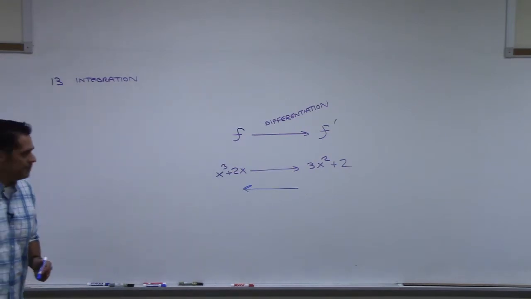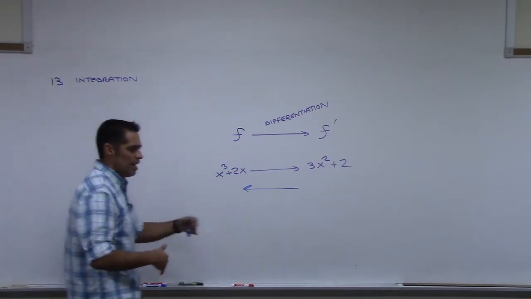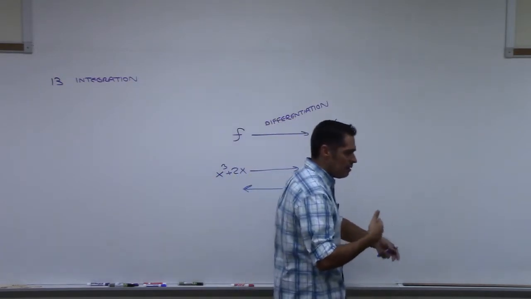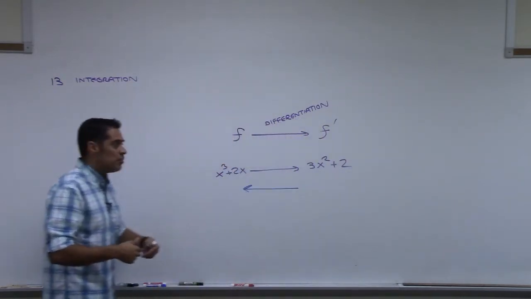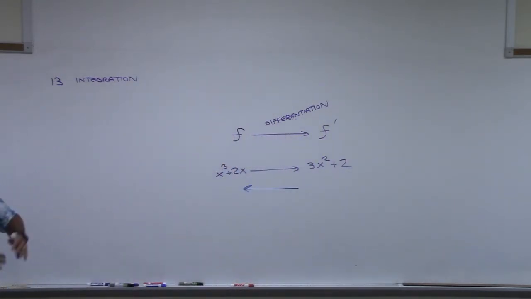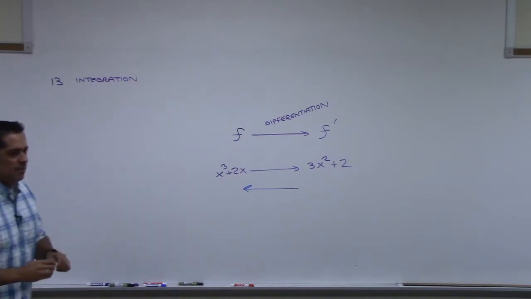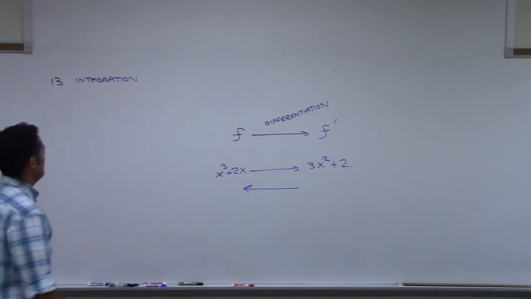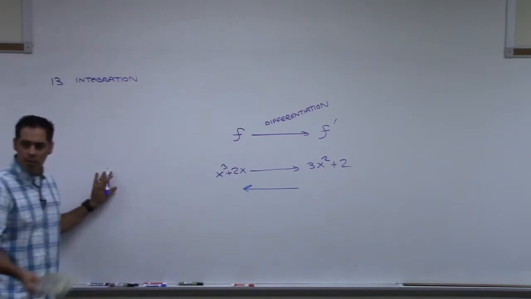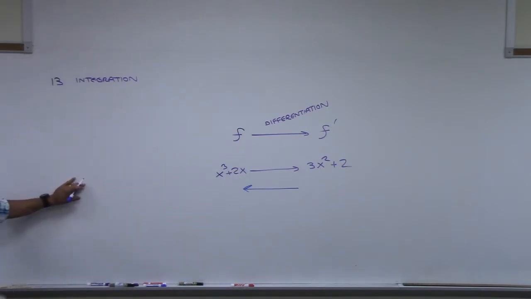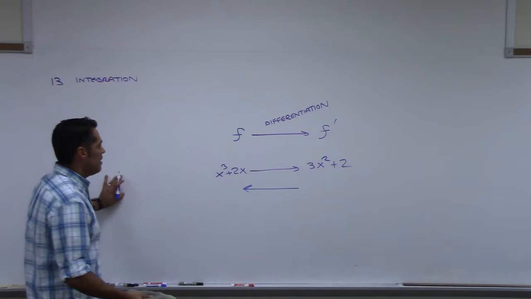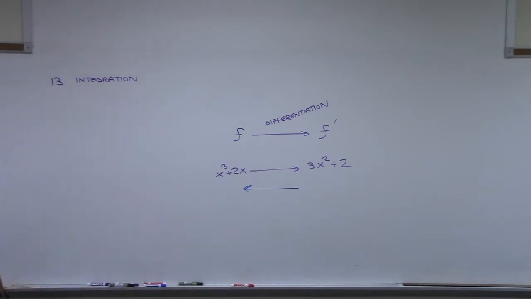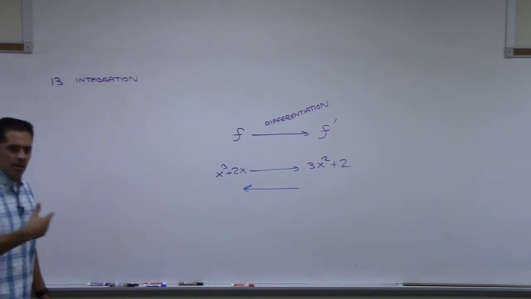So it's kind of like we learned how to walk forward, and now we're going to learn how to walk backwards. And in general, walking backwards is more difficult than walking forward. Wouldn't you say? Okay, but good thing is I'm going to give you some formulas, and it's going to make life a lot easier. And I think we can actually help each other try and find the formulas. I think we can create them on our own.